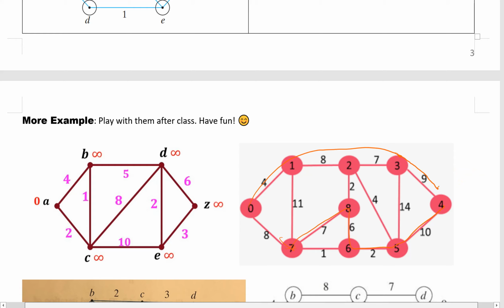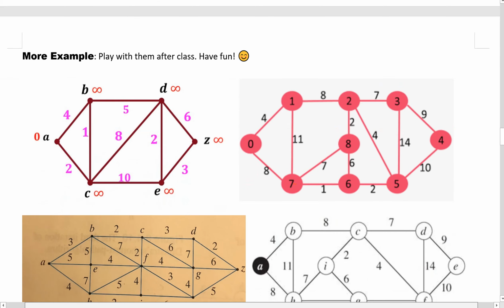So as long as LZ is not the minimum and it's still a temporary label, you have to continue the process until LZ is the minimum among all the uncircled vertices. Then you can end the process. You have some examples in your homework as well about what I just said.